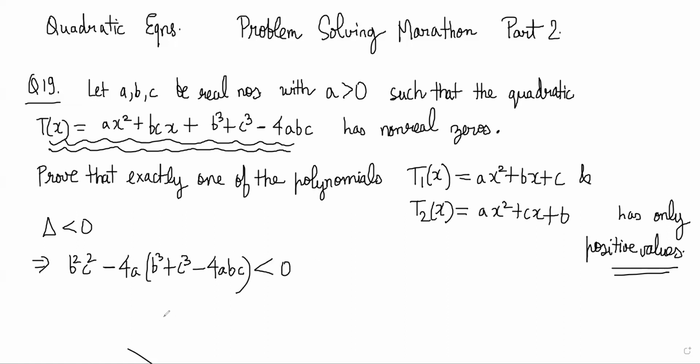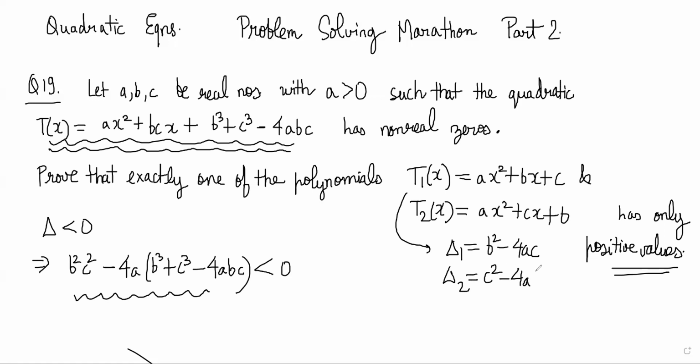Right? Now, what we need to do is try to factorize this and get it to look like delta 1, which is discriminant of this, which is b square minus 4ac. Delta 2 is c square minus 4ab. Right? So we have to think of how we can factorize this one.